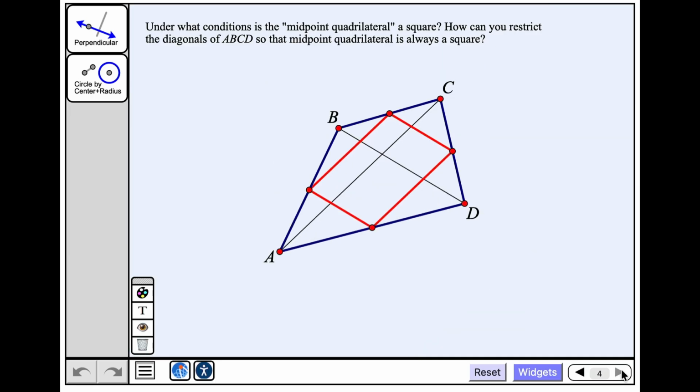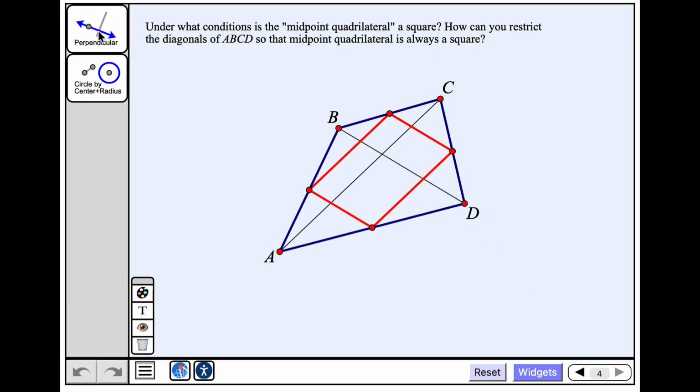Okay, now I want the midpoint quadrilateral to be a square. So I'm going to have to combine what I just did, those two previous ways of restricting point D, because I want these diagonals AC and BD to be both perpendicular to each other and equal in length.